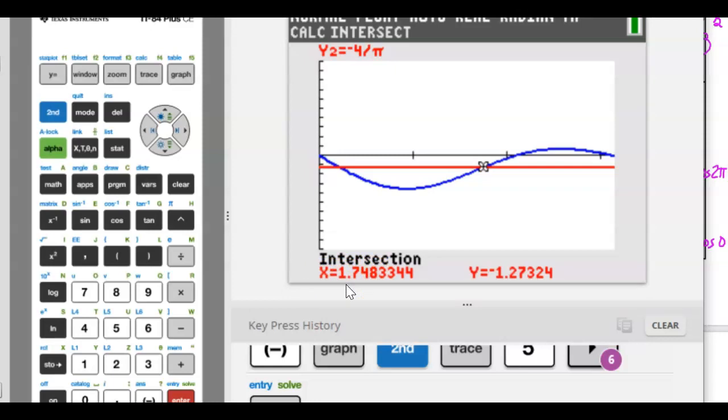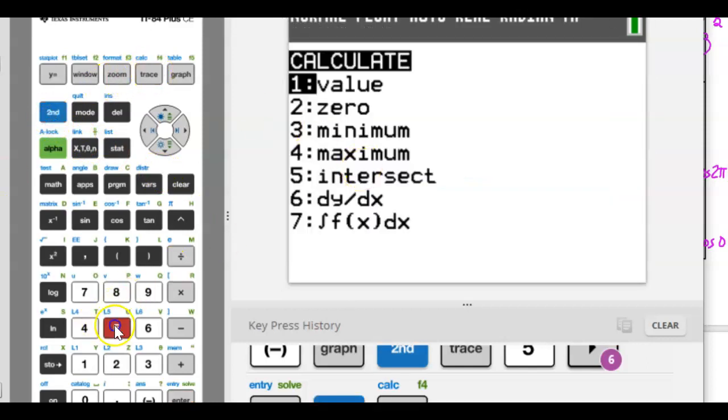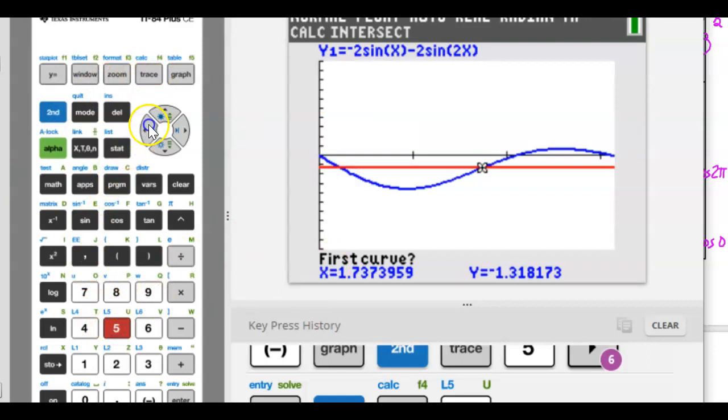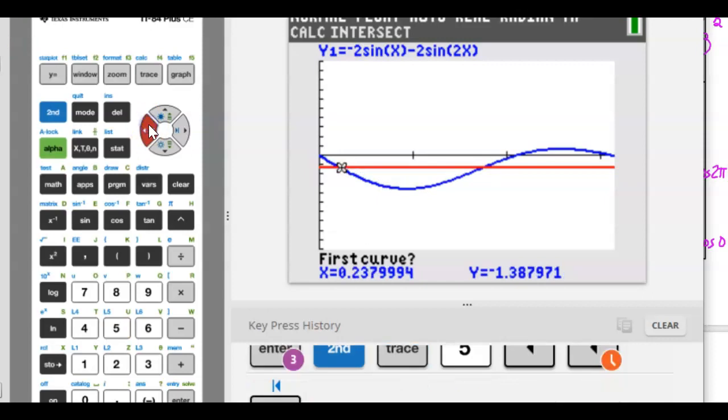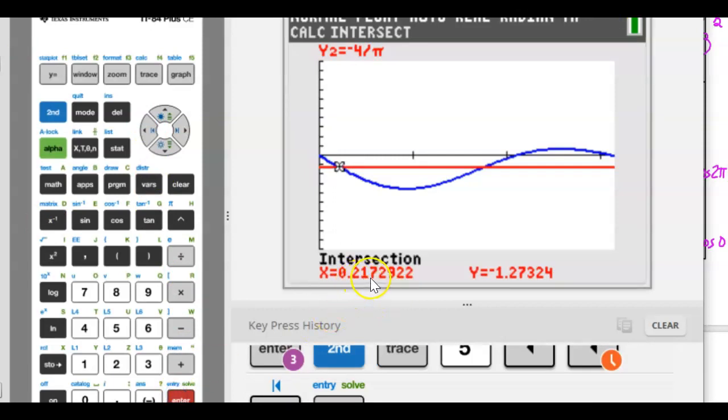And write that down. Then we need to find the other one. So second calc, we're going to do intersect again. It only finds one at a time. And so now we have to move our cursor over to this one to tell it, it finds the closest. And so we say, hey, we think it's like there. So hit enter. It jumped it to the red curve, hit enter. And then we guessed enter. And it says, yep, at 0.217.